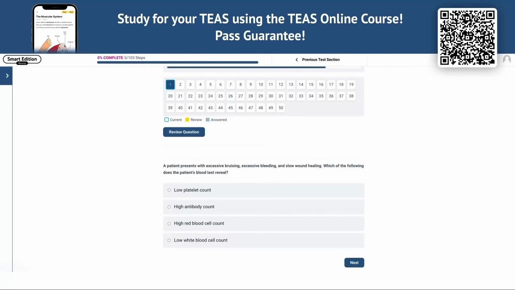So let's talk about why the correct answer is low platelet count. As you probably remember, platelets are tiny cell fragments in the blood that help form clots to stop bleeding. So in this question, when someone is experiencing excessive bruising, excessive bleeding, and slow wound healing, that's because their blood is not clotting as well as it should be, which would indicate low platelet count.